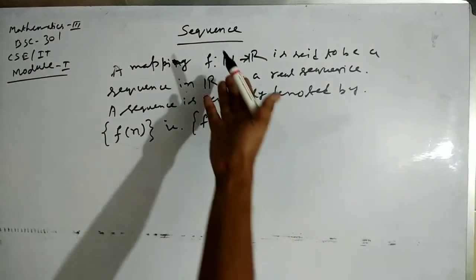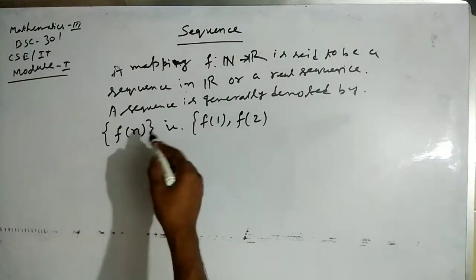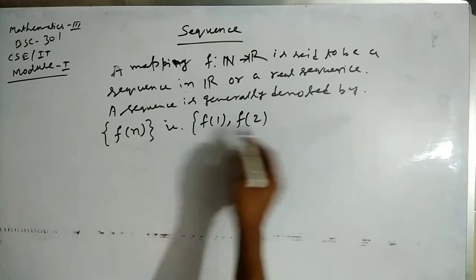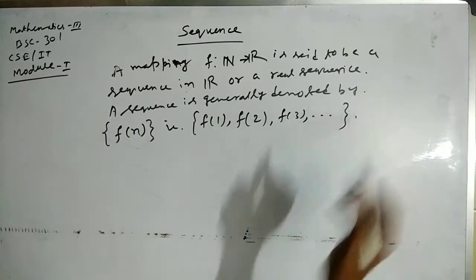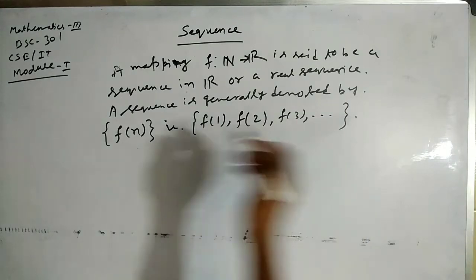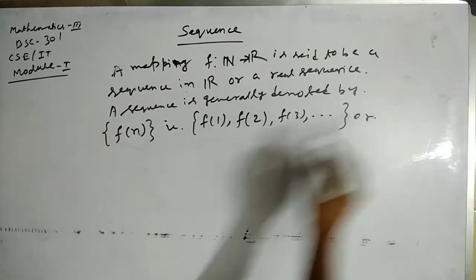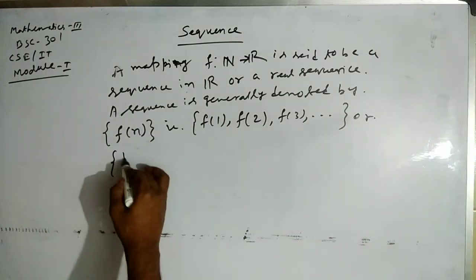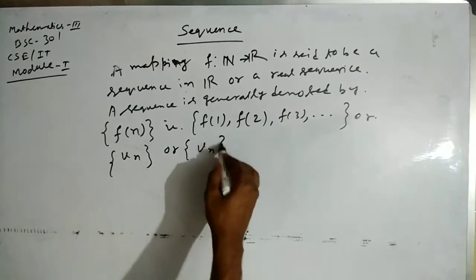Since the domain set is natural number, n comes from natural number, and that is f1, f2, f3, and so on. The mapping will be defined when I give you examples. So you can denote a sequence by this, or like un or like vn, in such ways.